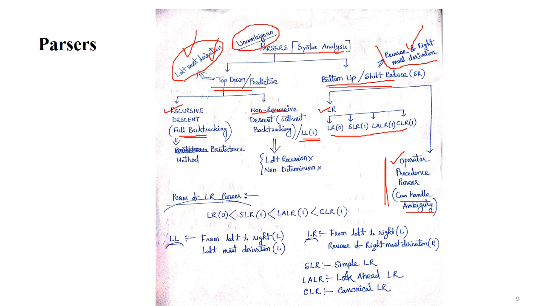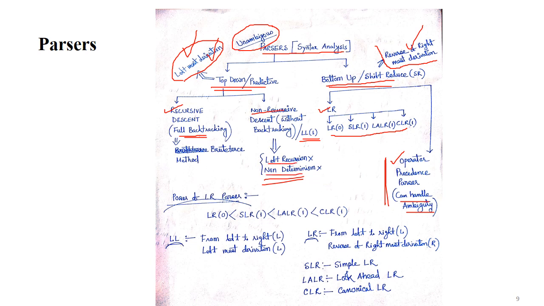But here focus on the other concepts. One important concept of the non-recursive descent parser, or LL1 parser, is that it cannot handle left recursion and non-determinism. It always needs right recursive grammar or deterministic grammar. Unambiguous grammar is common for all, but the non-recursive descent parser cannot handle left recursion and non-determinism.